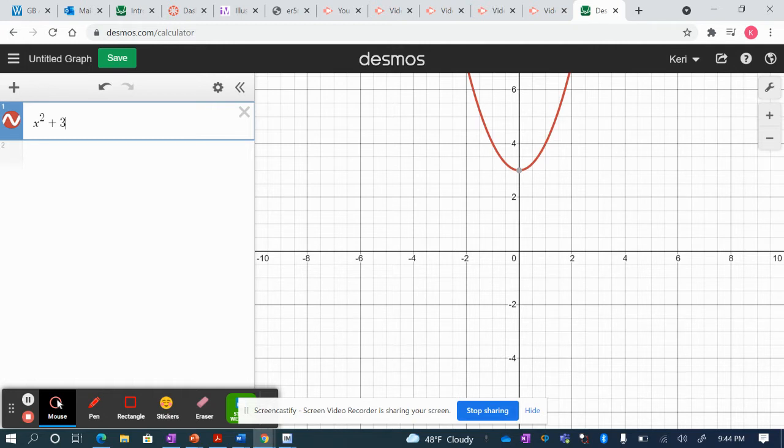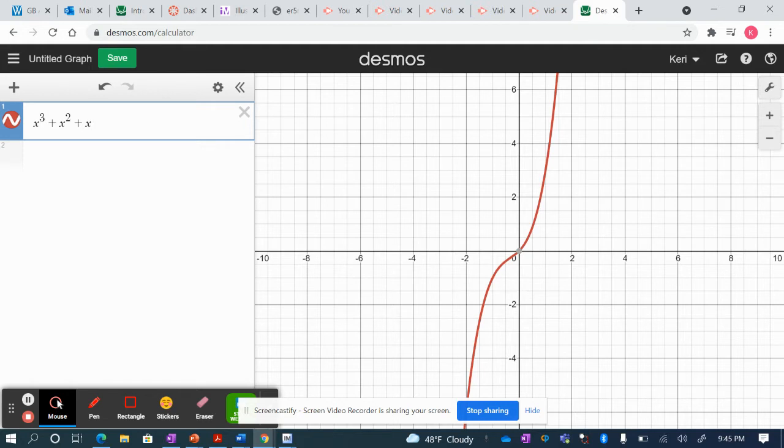Remember, like in our investment problem, we had x to the third plus x to the second plus x, right? But we had numbers in front of those. It doesn't matter. This would be considered a third degree polynomial because 3 is the highest. And don't forget, you can't add those together. That is not x to the 6th. You can only add variables together that are to the same power.